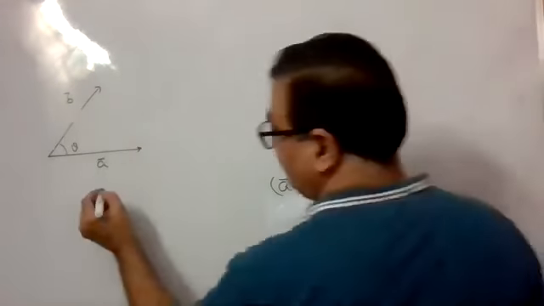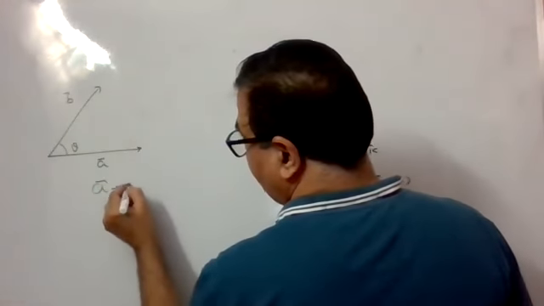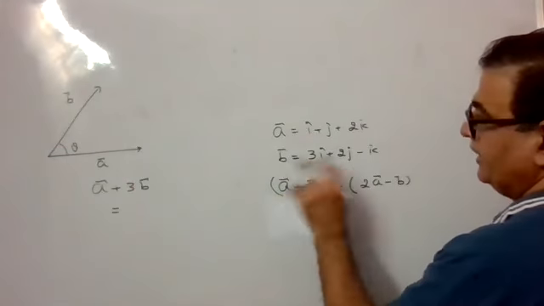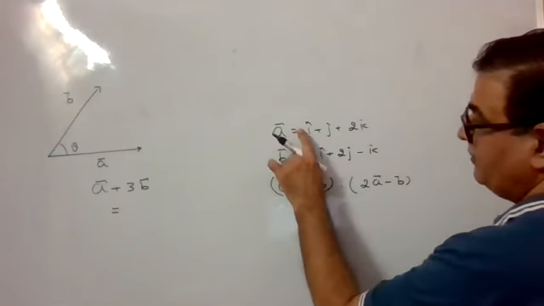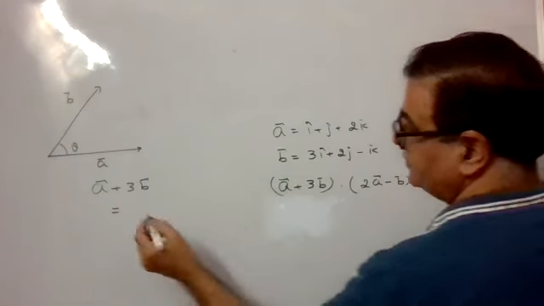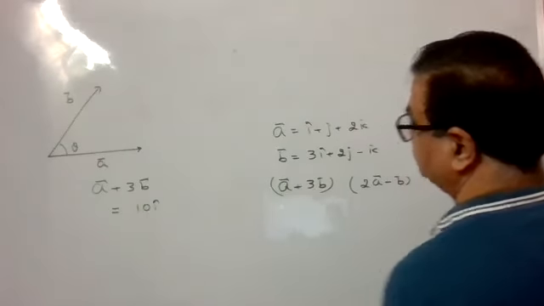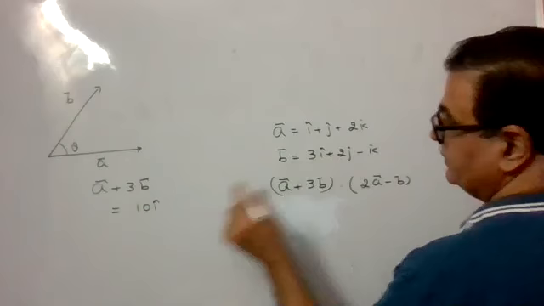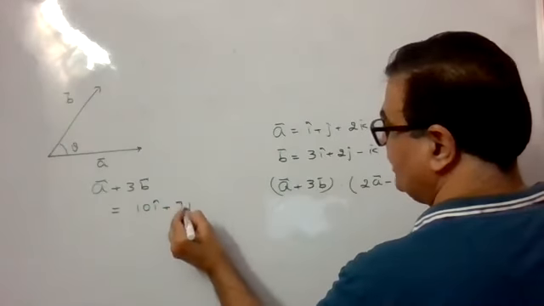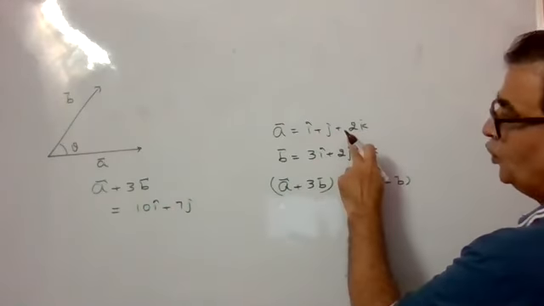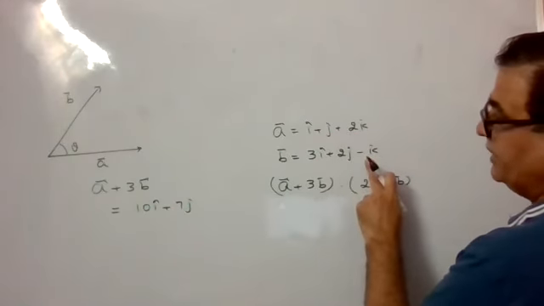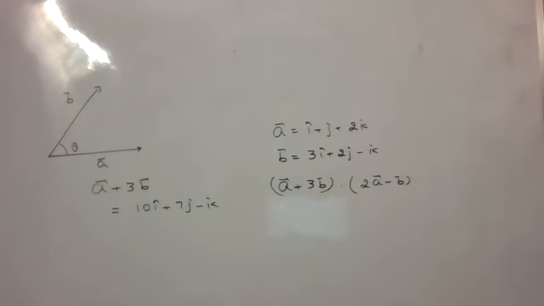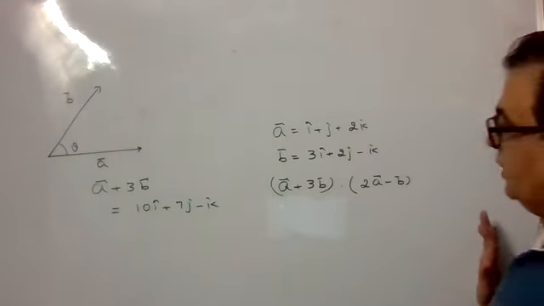If I go by this way, first I calculate A plus thrice of B. This is A and this will take 3 times. So 1 plus 9, it will be 10 of i. 1 plus 6, 7 of j. And then 2 minus 3, so it will come out to be minus of k. Clear?